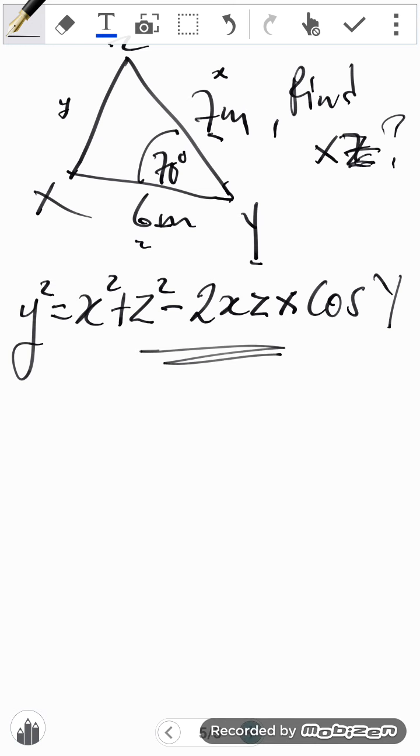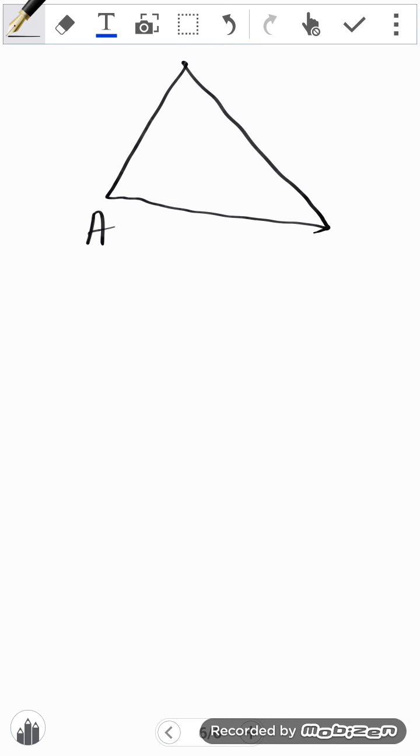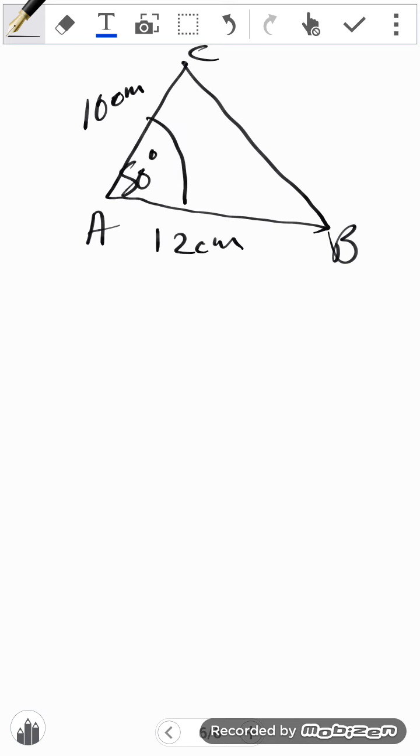Let's look at another way you can find the formula. So you're having A, B, and C. Let's say 10 centimeters, 12 centimeters, and the angle 50 degrees.